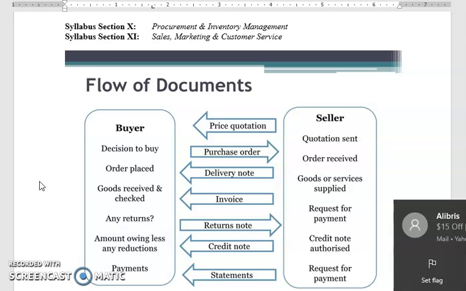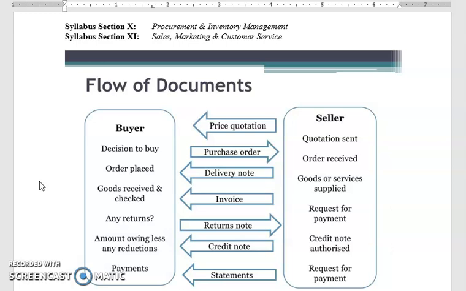Between the time that the seller issues the request for payment and the buyer issues a receipt, depending upon the terms of the agreement on the invoice, a statement of account may be sent to the buyer indicating the amount of money which is owing or the balance owing on his or her purchase.